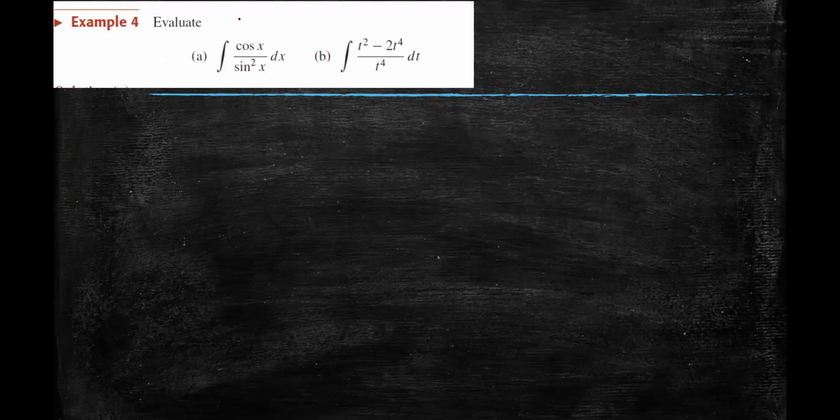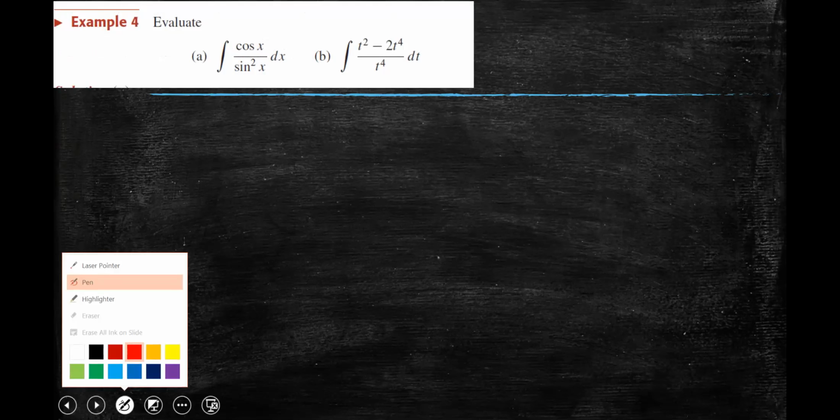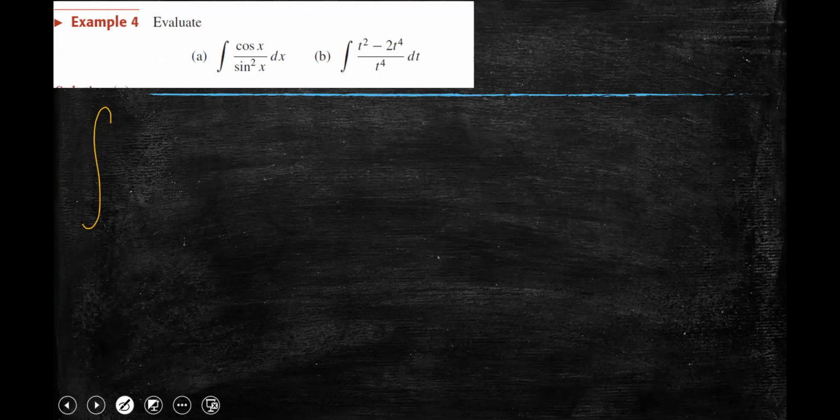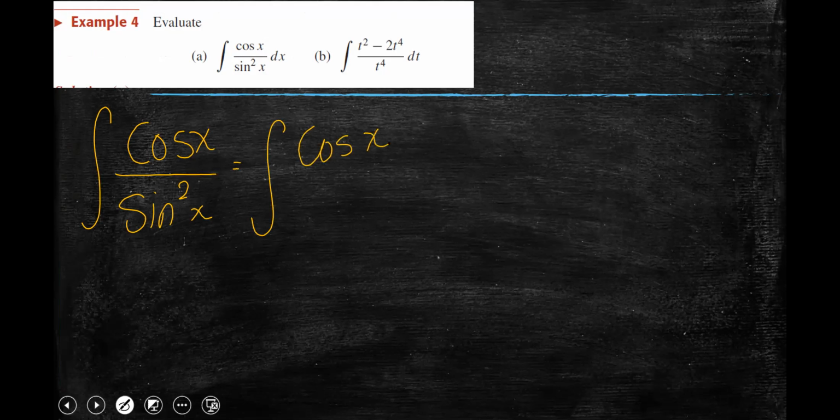Look here, let's say it as cosine x over sine squared x. Let's write it as cosine x over sine x times sine x. This is the first step.